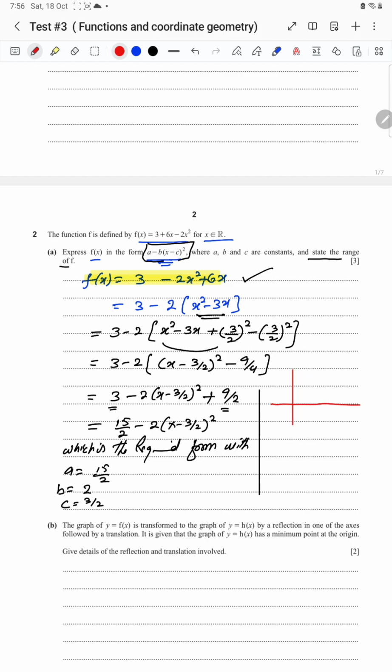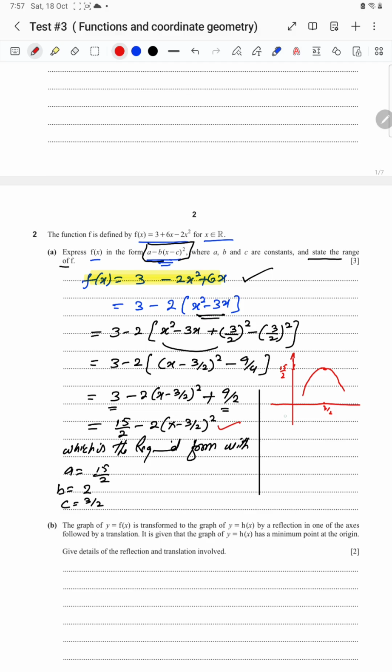I'm doing it. Its vertex is 3 by 2 and 15 by 2. 3 by 2 is lying here. From here I got the vertex point, and 15 by 2 is here. 15 by 2, that is 7.5, right? On y-axis.